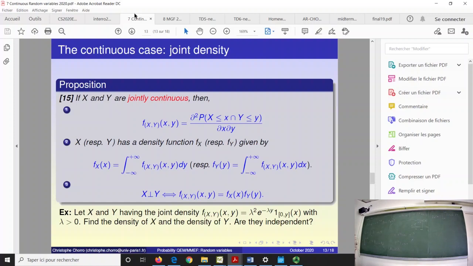So I plug inside, so what do I have? x is strictly positive, so it will be an integral from 0 to plus infinity here of x exponential minus xy dx. And I don't have to forget the indicator function that y is strictly greater than 1.